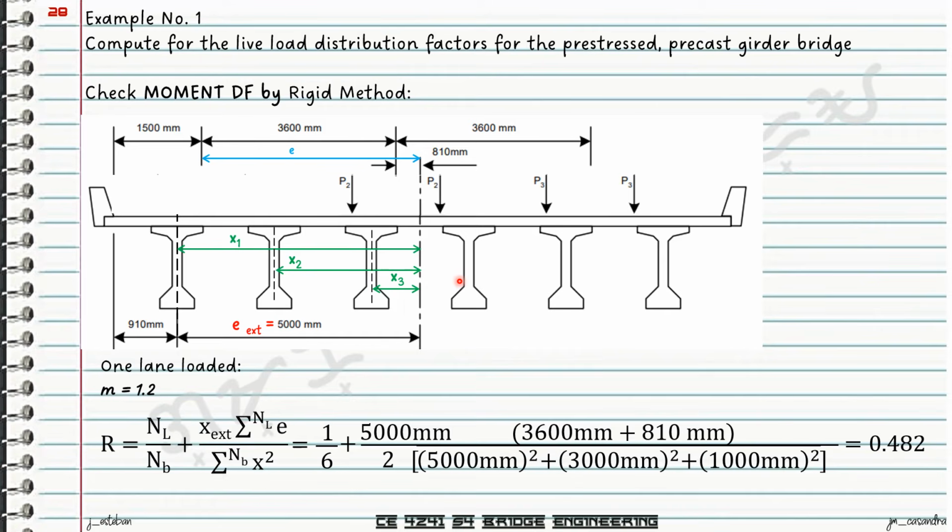Okay, so computing now, r is equal to 0.48. So for the rigid method, the distribution factor is simply equal to m times r, which will give us a value of 0.57 lanes. So this is the distribution factor for the moment for exterior beams if we are one lane loaded.